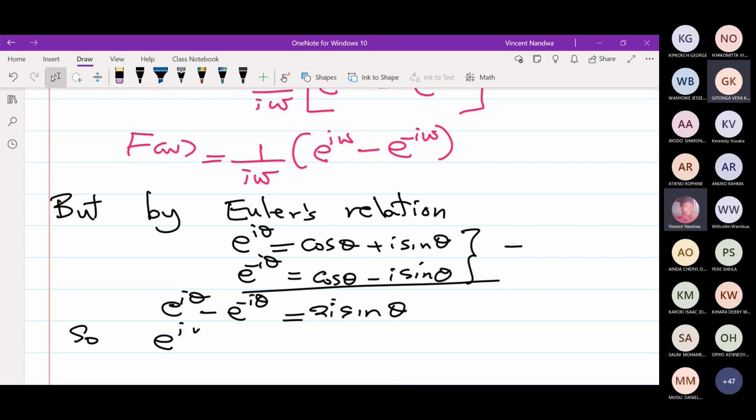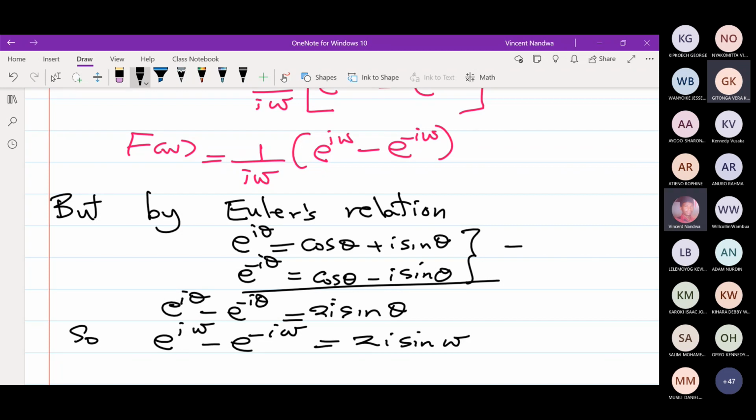e to the power i omega minus e to the power minus i omega is nothing but 2i sine of omega. So 2i sine of omega.